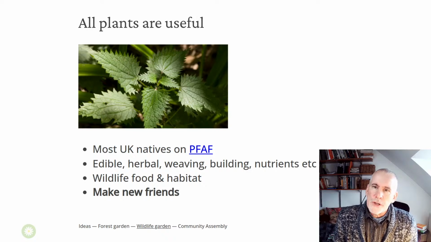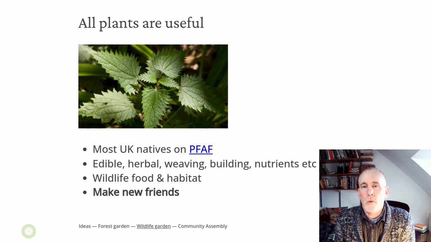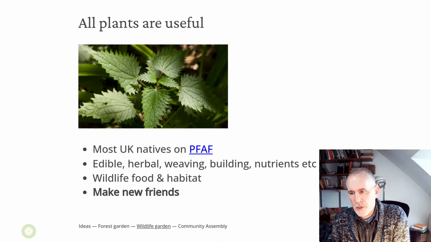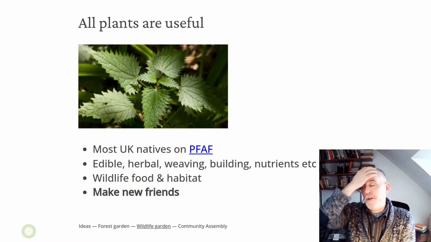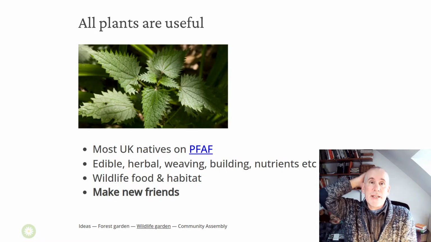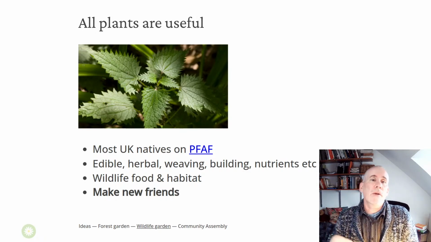The vast majority of UK native plants are on Plants for a Future, so all plants are useful in one shape or form. They can be used in a number of different ways, and just because you're not using it, I haven't harvested nettles for a couple of years, it doesn't mean that the potential isn't there. So all plants are useful.